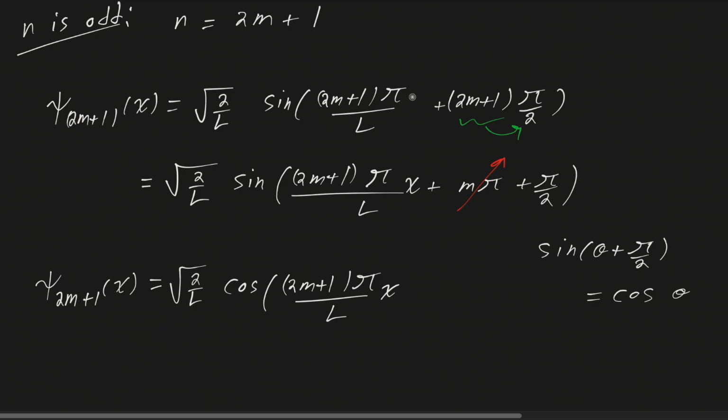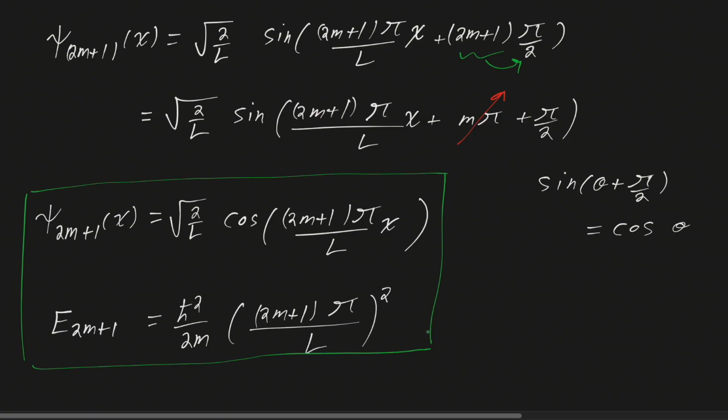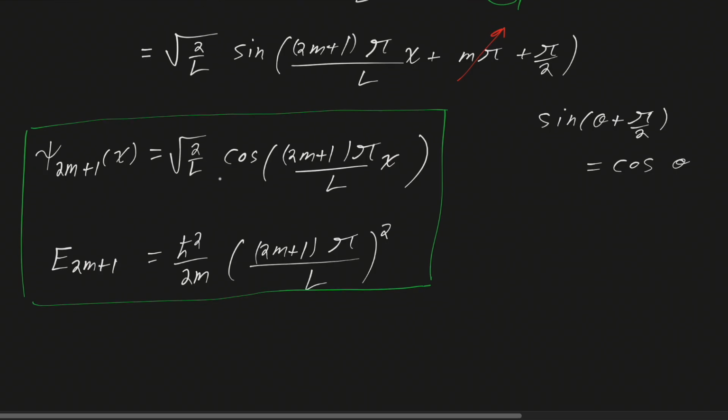There's an x here and an x there. So that's our solution for the eigenstates, and you get the energies for 2m plus 1. And so we get the exact same solution that we got from the symmetric well, with the odd and even functions back.